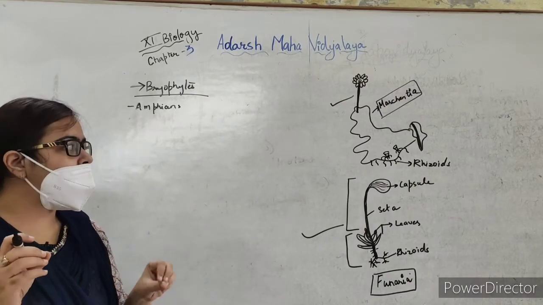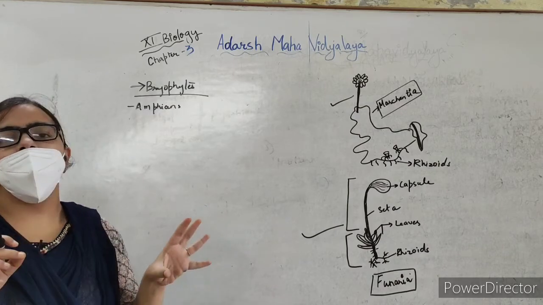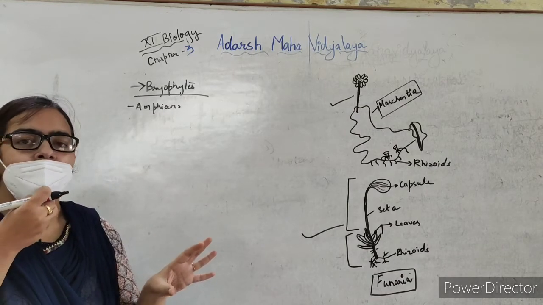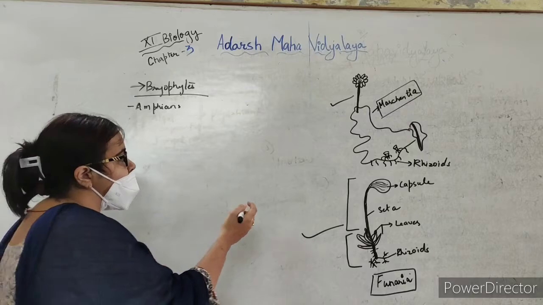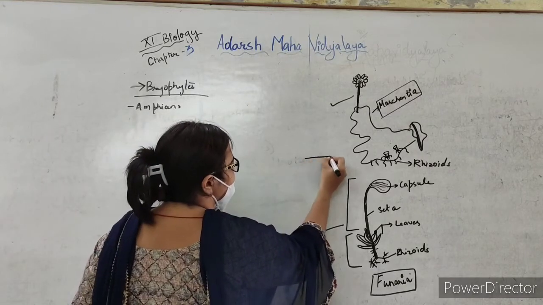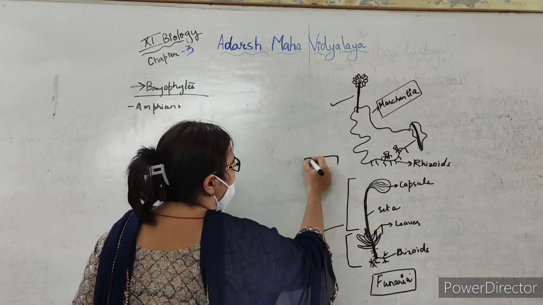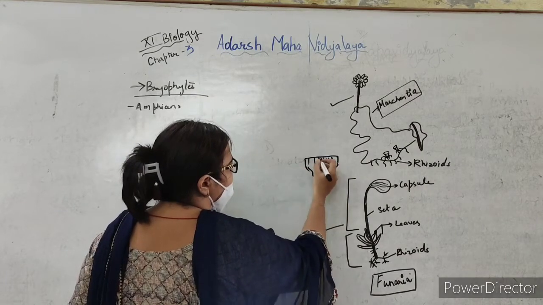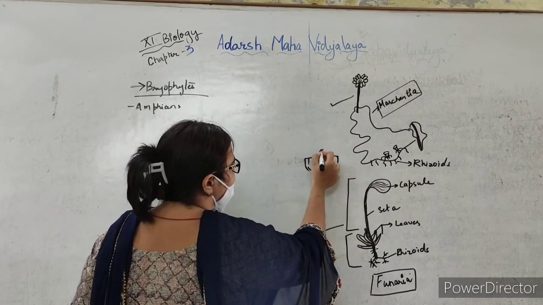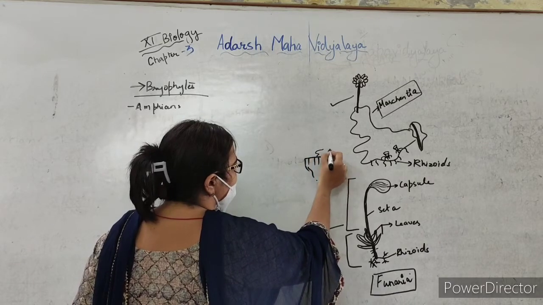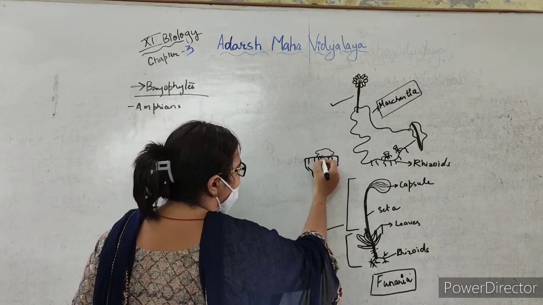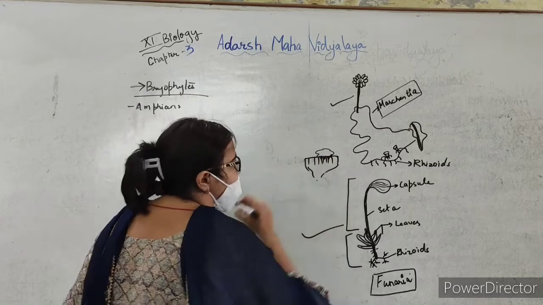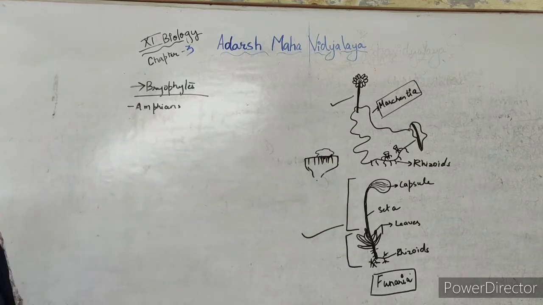They are not true roots, but they are root-like structures. Suppose this is the substratum, the rocky surface, and this is the Marchantia. These rhizoids will help in attachment to the substratum.